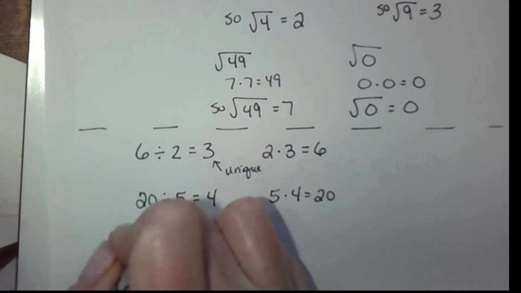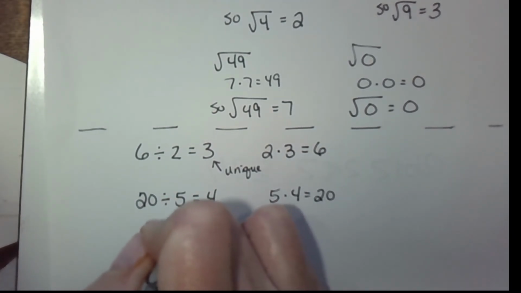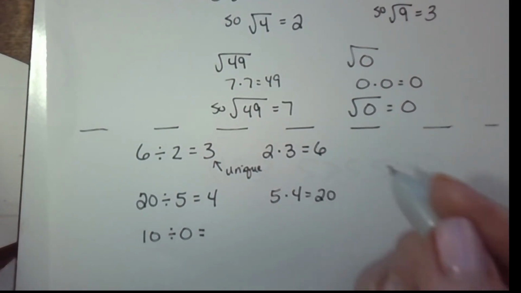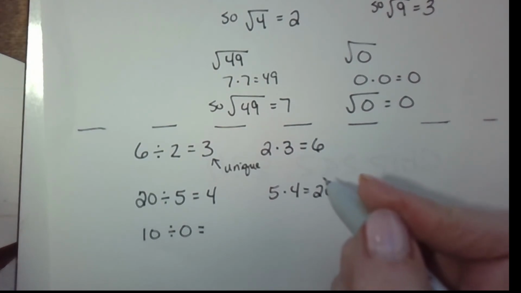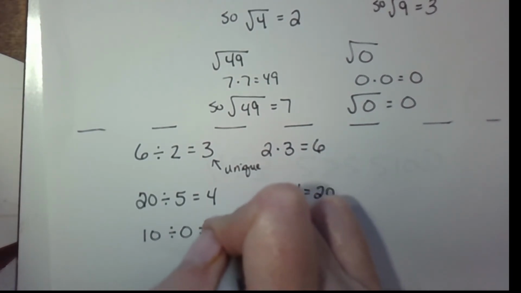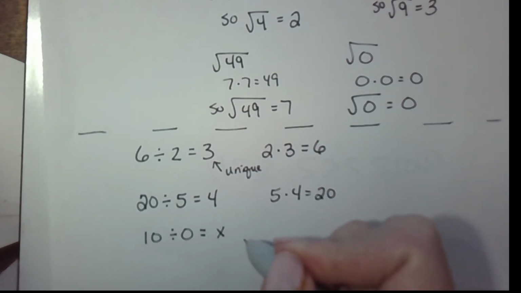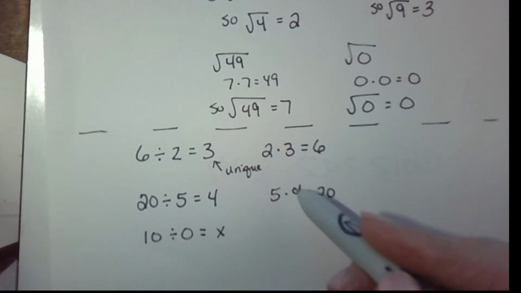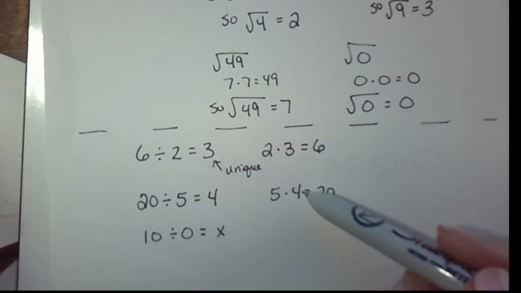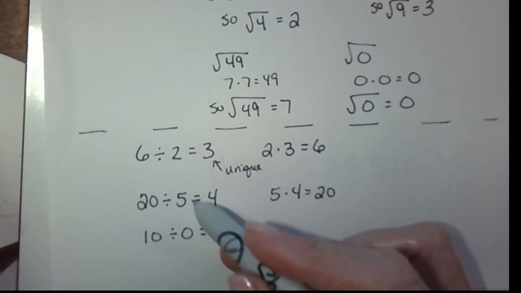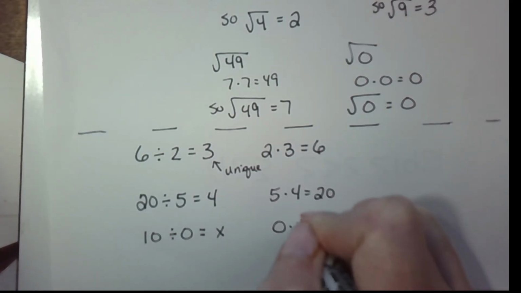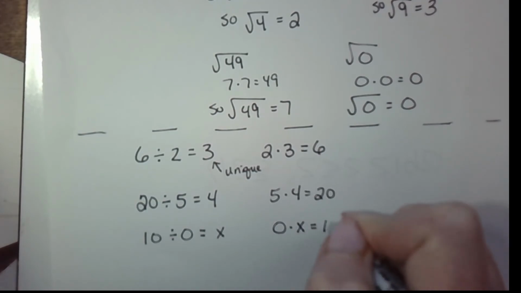Let's say 10 divided by 0 equals, we don't know what 10 divided by 0 is. I'm just going to call it x, just for the purpose of this example. So let's match this pattern over here. If this division is true, then this multiplication must be true. So it would have to be the case that 0 times x equals 10.